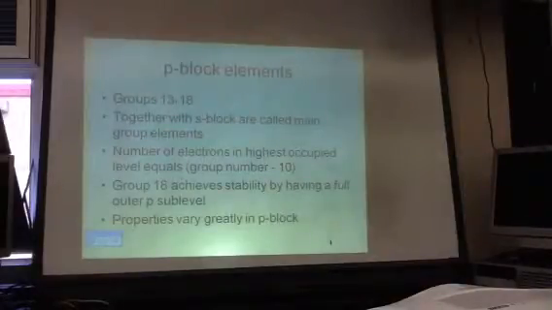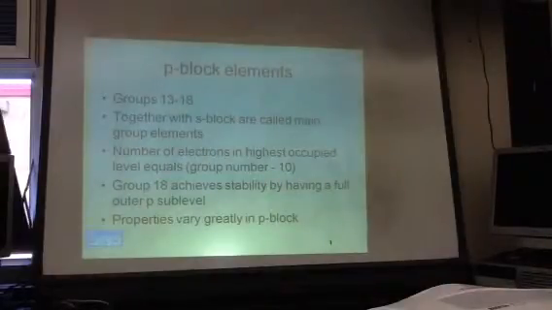Okay. If I'm a group 17 element, how many valence electrons do I have? Hold up fingers. Yeah, 7. Because it's group number minus 10 that tells you how many valence electrons they have.